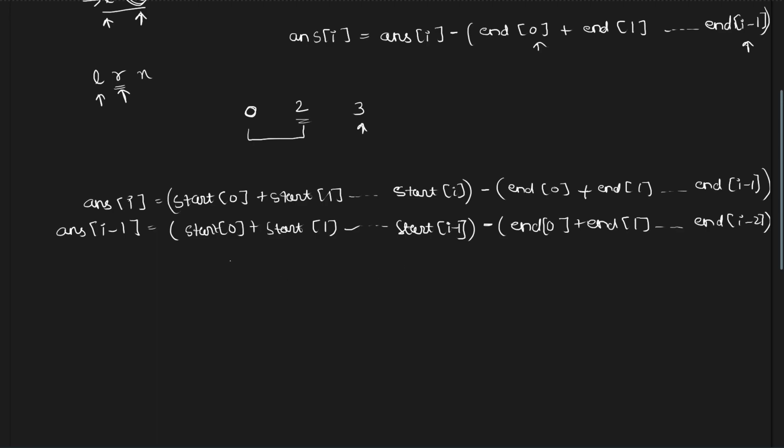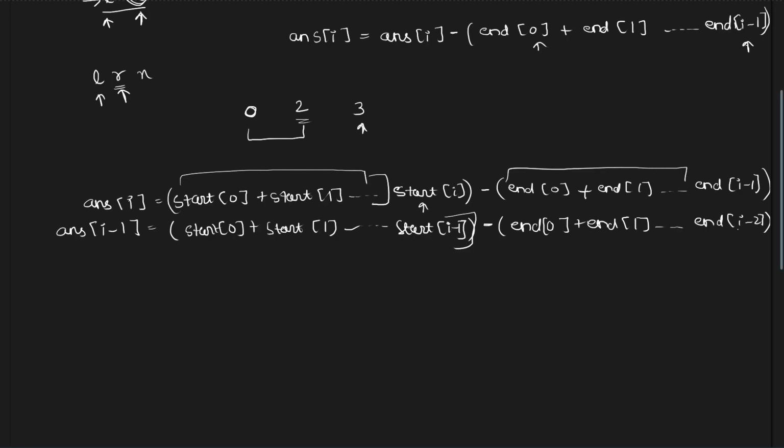What if I try to replace some data in this particular area with answer of i minus 1? You will observe that some of the part is already repeated, right? I have already computed till i minus 1, then I don't need to compute it here again. I only need to compute for start of i.